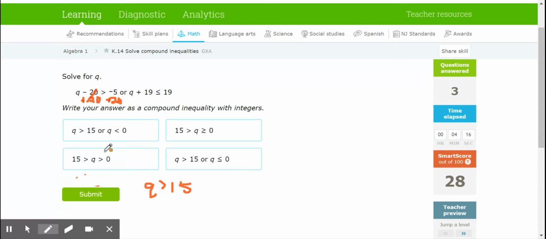This is an and, so I'm getting rid of those. Now moving to the right-hand side, I'll subtract 19 from both sides. That cancels. I've got q is less than or equal to 19 minus 19, which is 0. And it looks like that is not an equal to, so that is gone.